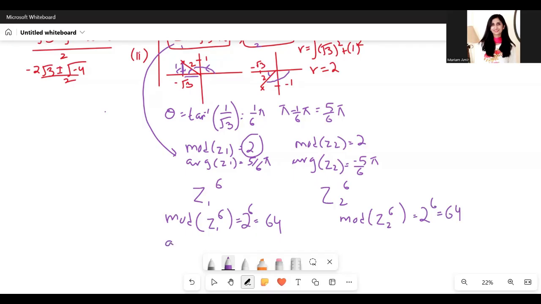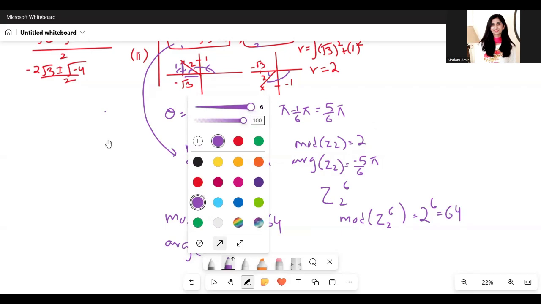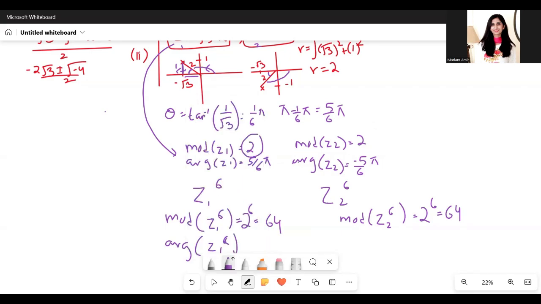For the argument, we will multiply the original argument by 6. The original argument is 5 pi by 6, which becomes 5 pi. We will have to adjust it.